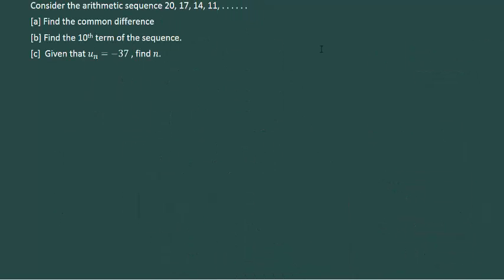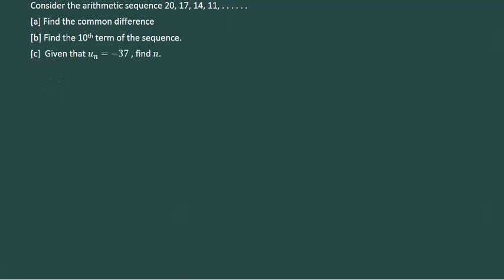Consider the arithmetic sequence 20, 17, 14, 11. Find the common difference. If you observe this sequence, 20, the next term is 17, which is decreasing. 14, 11, so the sequence is a decreasing arithmetic sequence.